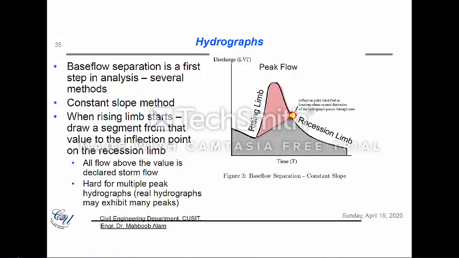Mathematically, that is the location where the second derivative of the hydrograph passes through zero, and that is usually the point we join to the point on the rising limb where discharge is increasing, and we separate the two kinds of flows, the base flow and the direct runoff.